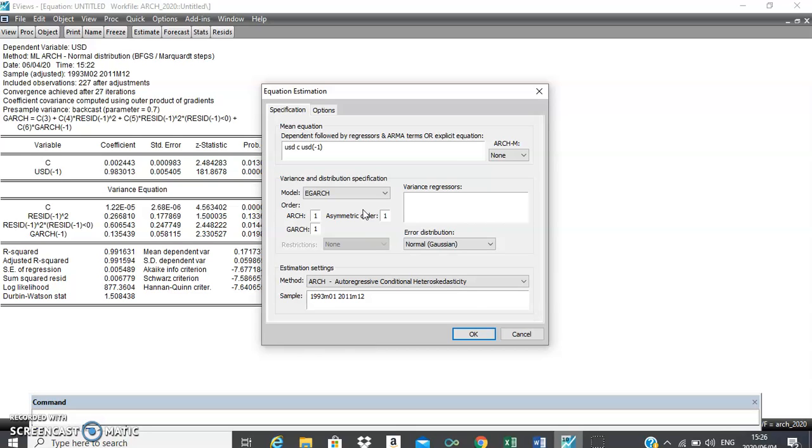If a company is dual listed in two different stock markets, there is a spillover effect from the relatively larger stock market to the relatively smaller stock market where the company is listed. All right, so once we change that, all we have to do is click on OK.